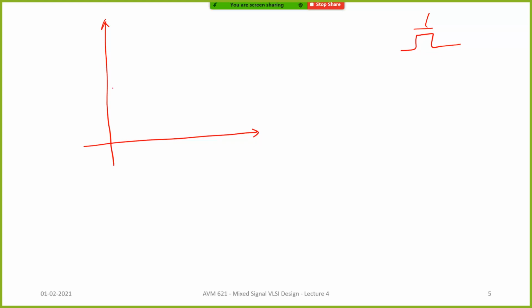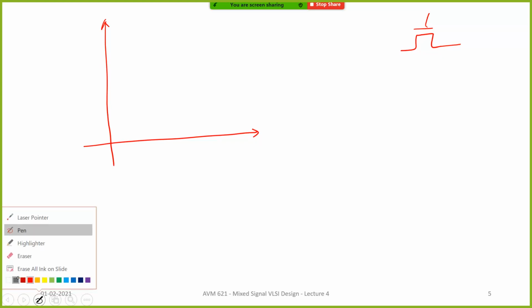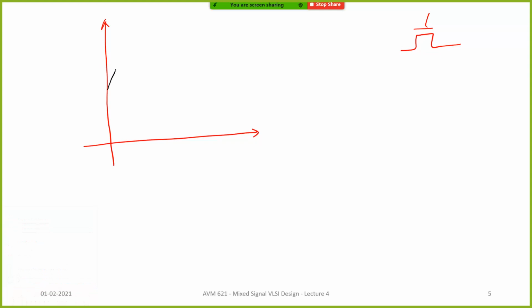Now if you have an input signal which is like this, let's say, okay, this is your input. All right, now what will happen when the input increases, right? How will Vx or Vout be? Basically, as the input increases, the Ron is high in this region.